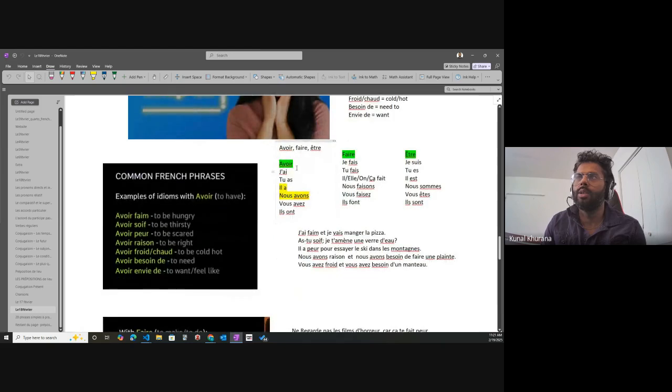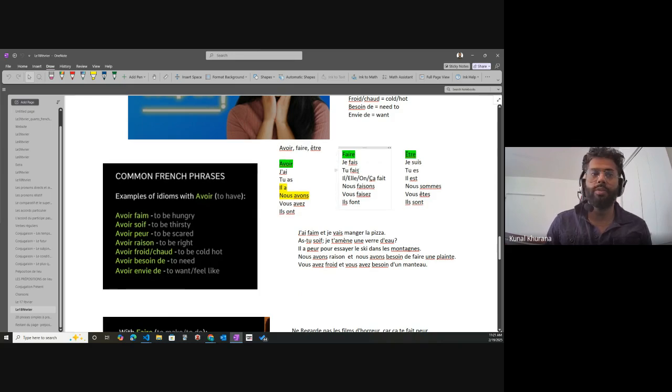So yesterday you told me the conjugation, because we will be using these conjugations to make the sentences, so I asked you to cram avoir, faire, and être by heart. And yesterday you told me j'ai, tu as, il a, nous avons, vous avez, ils ont.